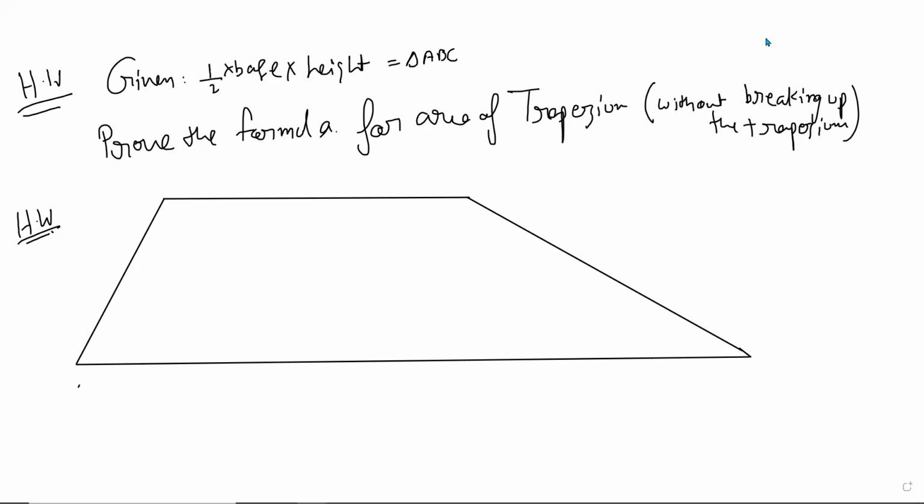Now we are doing an interesting construction. So what we're going to do is from one vertex, we go to the midpoint of the next side. Okay, and we do this thing. So from this vertex, we go to the midpoint.